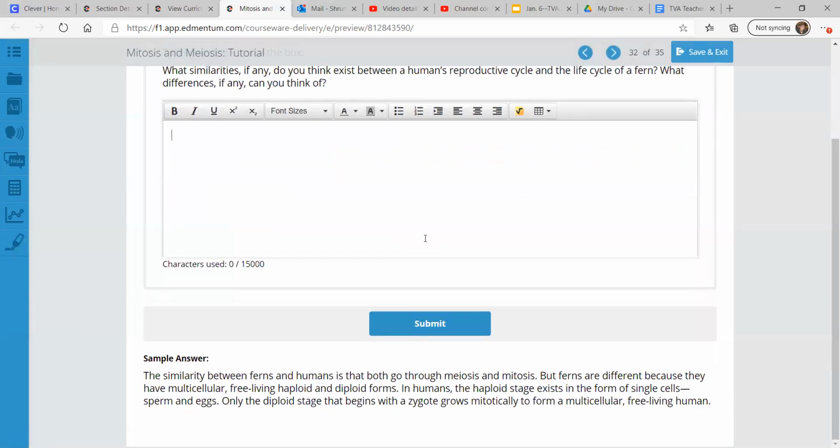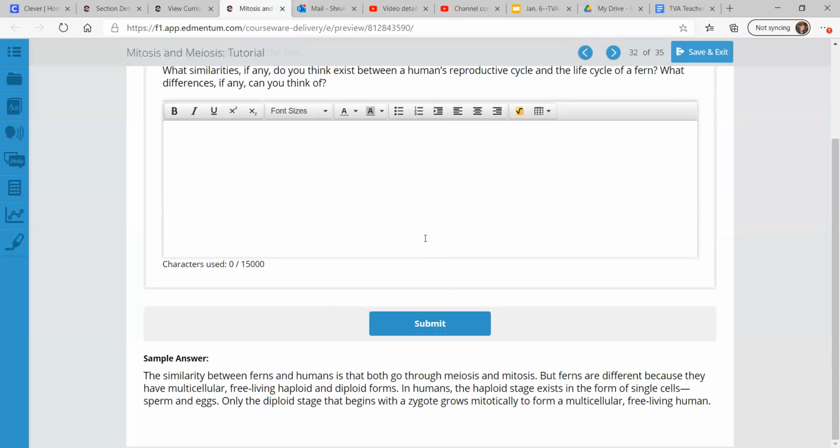In the sample answer we have, the similarity between ferns and humans is that both go through meiosis and mitosis. But ferns are different because they have multicellular, free-living haploid and diploid forms. In humans, the haploid stage exists in the form of single cells, sperm and eggs.